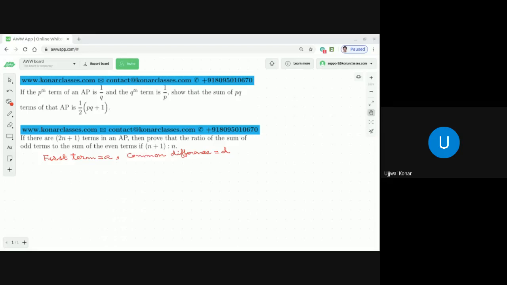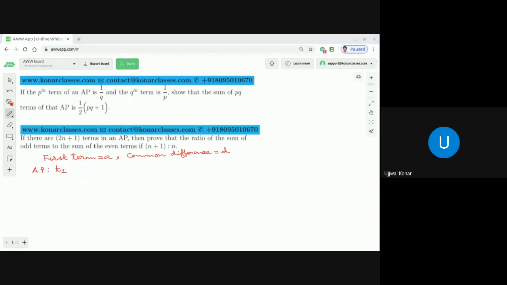And there are 2n plus 1 terms. So according to the question, there are 2n plus 1 terms. What is the sequence becoming? These are the arithmetic progression.